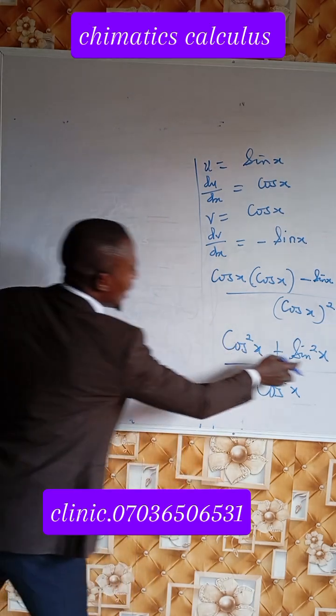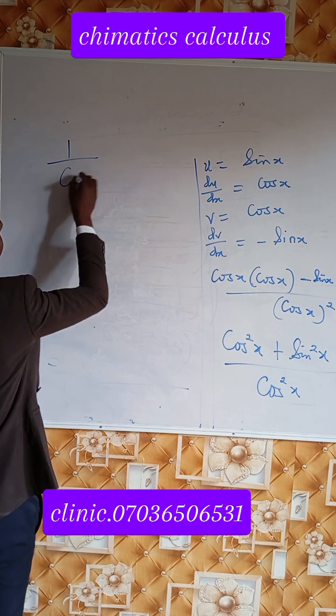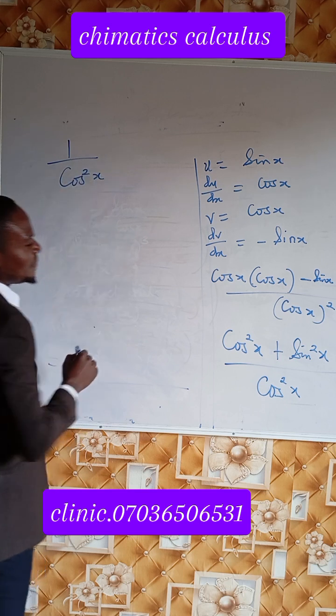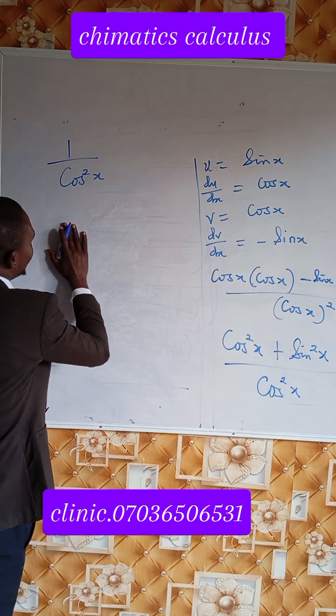So here is now 1 divided by cos square x. Yes. There is also another identity that says that 1 over cos x is the same as sec x.